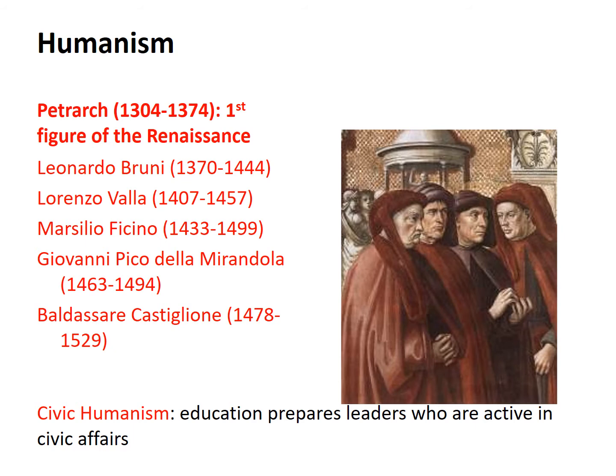All of them are humanists that help to push the agenda. Remember, the idea of classical humanism is what we see predominantly in Italy, as well as civic humanism. Civic humanism sort of built off of classical humanism.